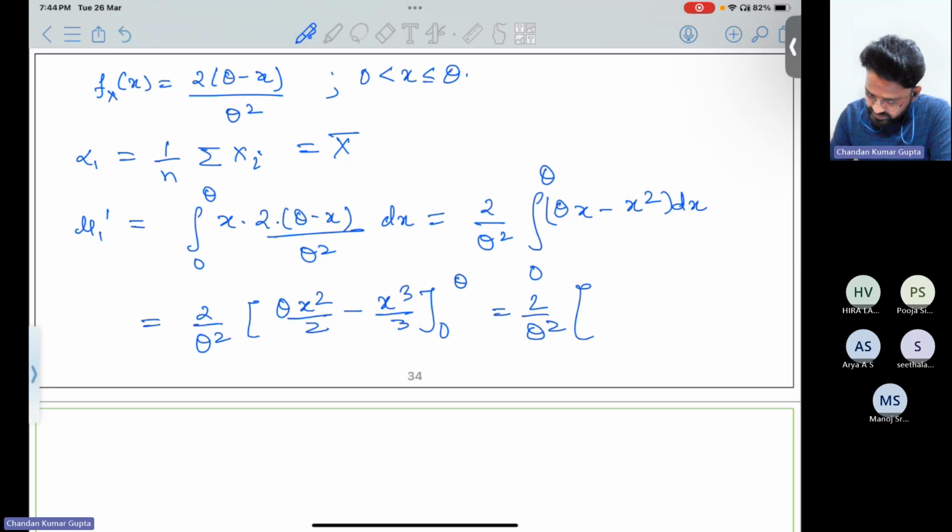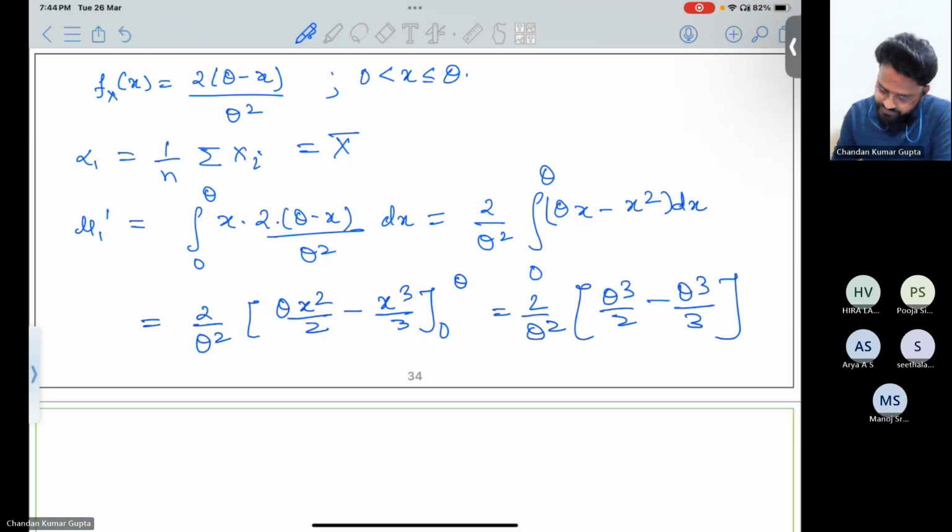If we take the value of theta, it is theta cube upon 2 minus theta cube upon 3.